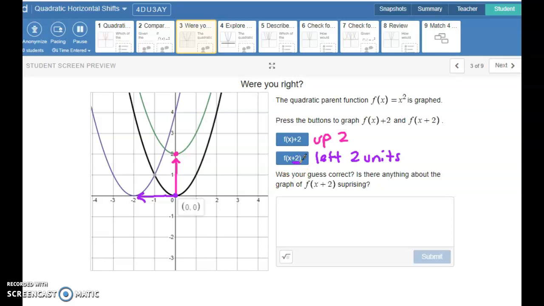I thought +2, I thought you would move this way, right? But it didn't. So, was your guess correct? Is there anything about this graph that is surprising? Well, it says +2, so I would have thought that it went this way. But it went the opposite way, to -2. So that was a little bit surprising. So if you want to go ahead and write that, go ahead and write it.